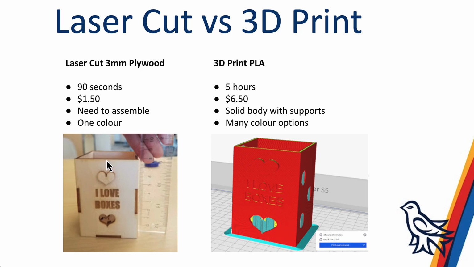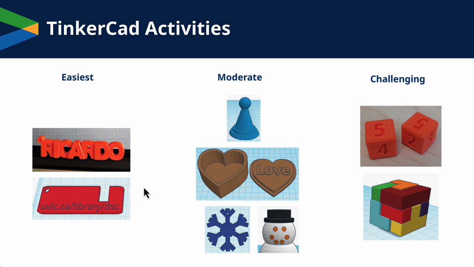But just to remind people that you may be able to do something with laser cutting in a way that might be quicker and more helpful for prototyping, comparing the 5 hours to the 90 seconds and then the price. The major negative about laser cutting is that it's more difficult to do organic shapes, and some things you just can't do with laser cutting, but just something to keep in mind.